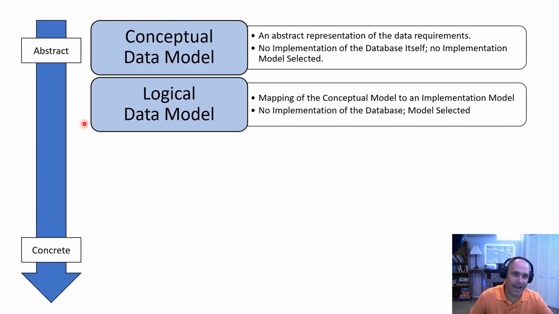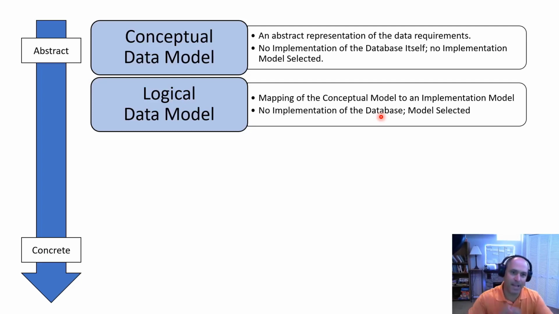So moving down a level is the logical data model. In the logical data model, we take all of the requirements of the conceptual model and build a blueprint, per se, of how the database is going to work. We offer no guarantees of an actual implementation, but we have selected at this point a storage model.